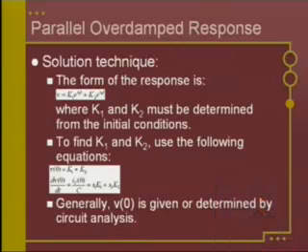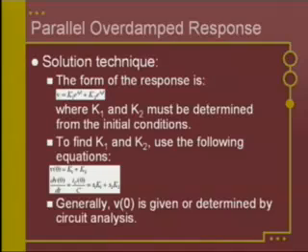V0 is either given to you or it's determined by some very simple circuit analysis. And you have to remember when doing that initial circuit analysis that the inductor is acting as a short circuit, the resistor is there, and the capacitor is acting as an open circuit.